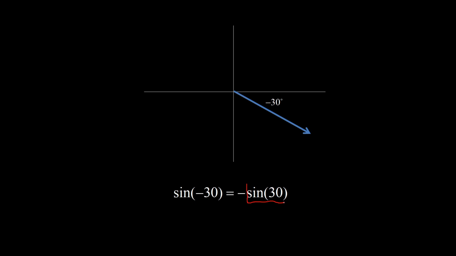And sine 30 is something to memorize. So 1/2 is sine 30, and there's our minus sign. So sine of minus 30 is minus 1/2.